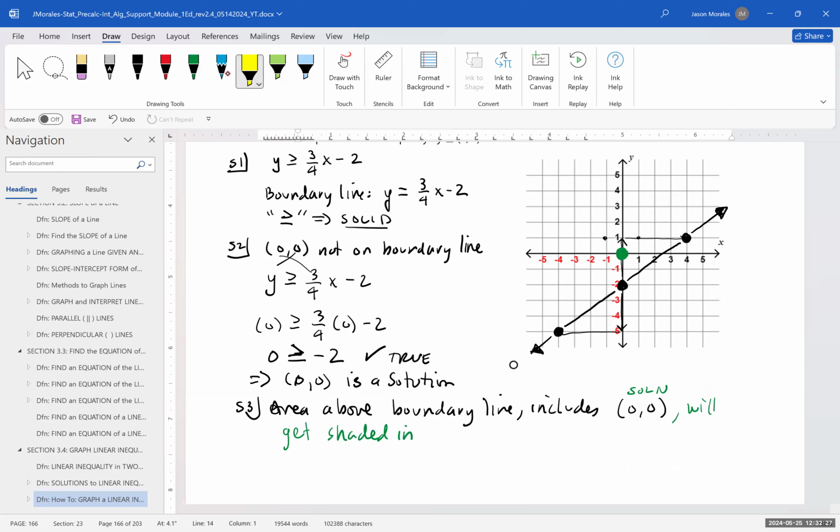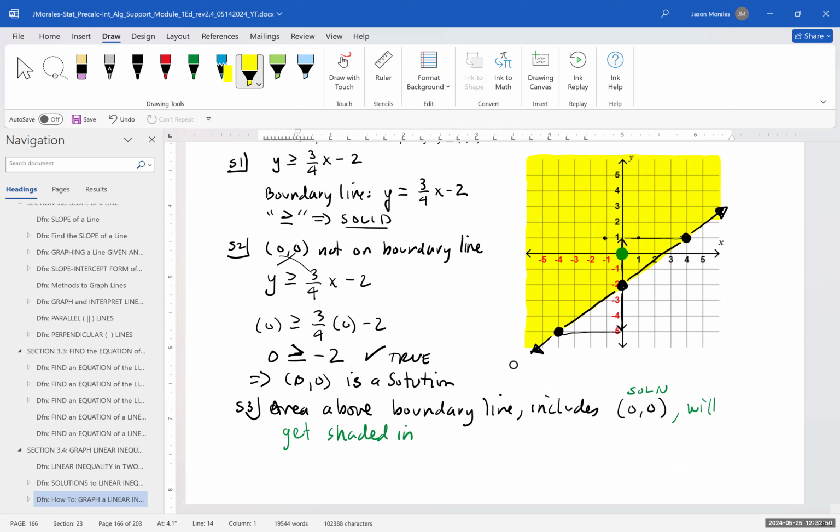So I'm going to shade in all of this area above our boundary line. So all of the ordered pairs we could come up with above this line will render true statements if we test them, like we tested (0, 0).